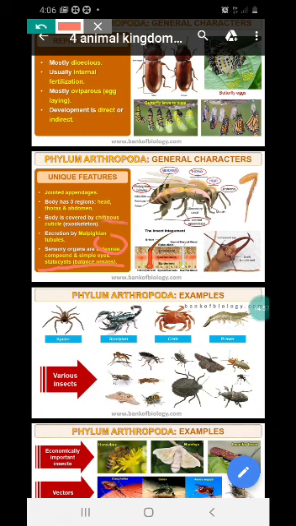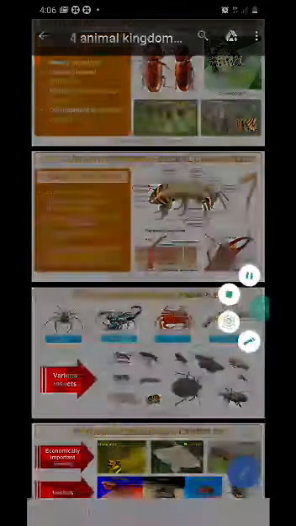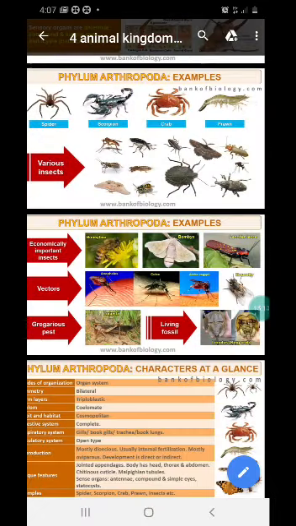And most of them possess 3 pairs of jointed legs and 2 pairs of wings for moving and flying around. These are the various examples of different kinds of insects or arthropods.